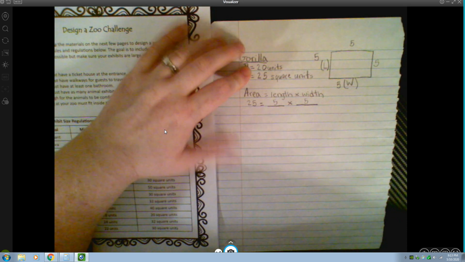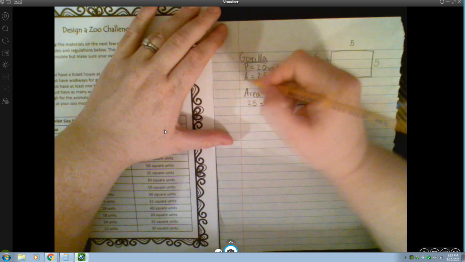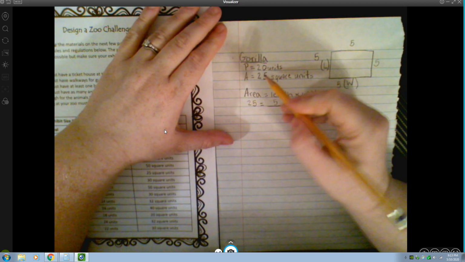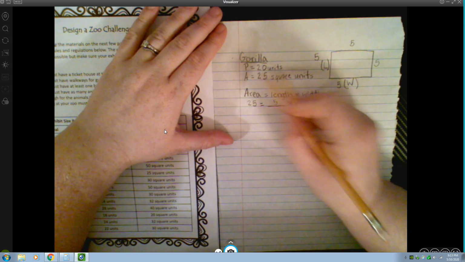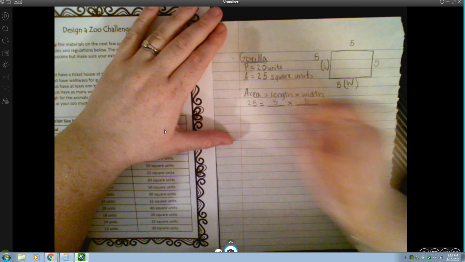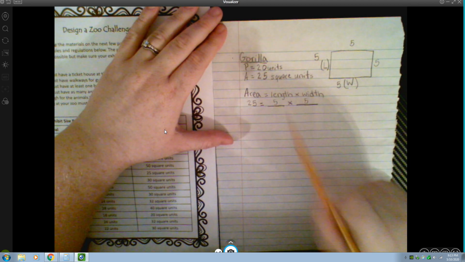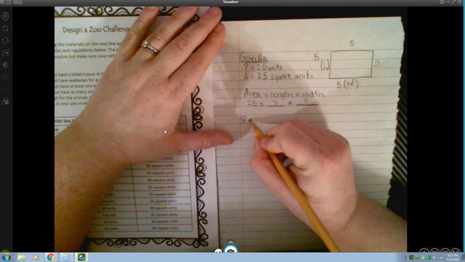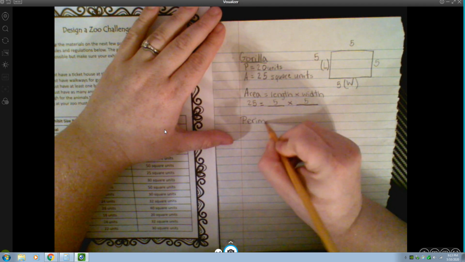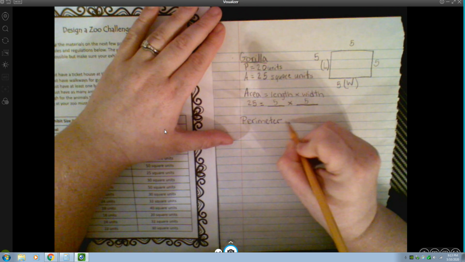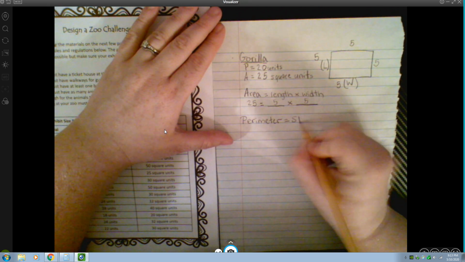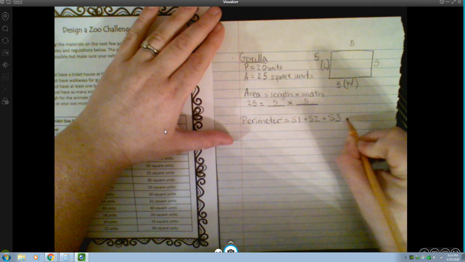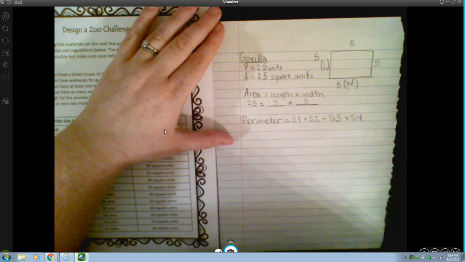Now I need to make sure that my numbers for my area equation give me the proper perimeter, because if they don't, then we need to pick two different numbers. To get the perimeter, I need to add up all the sides: side 1, side 2, side 3, and side 4.